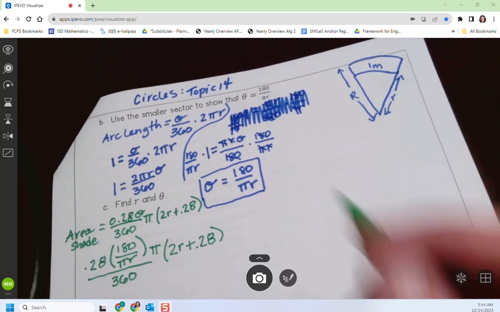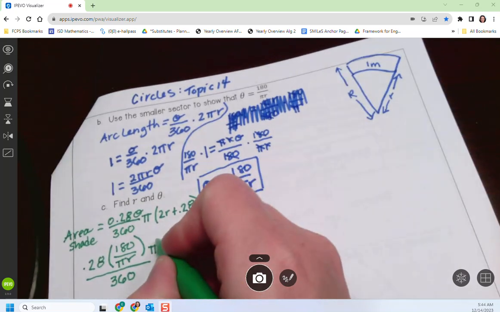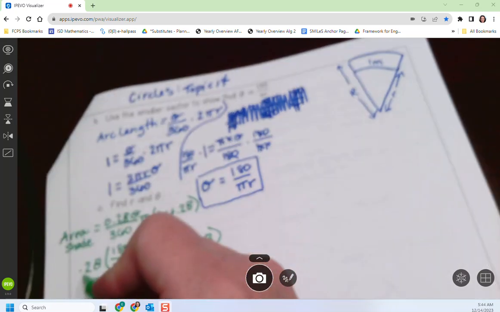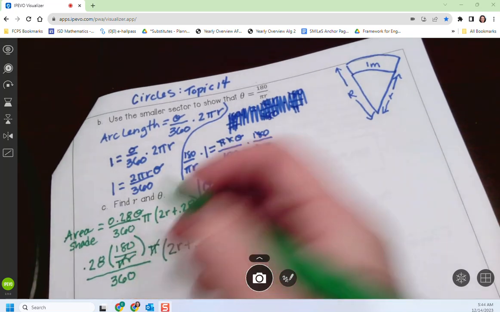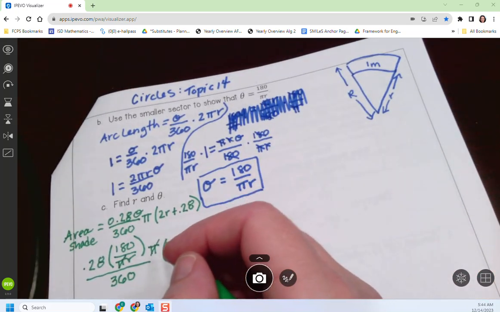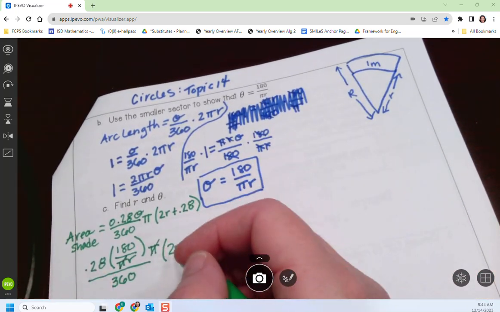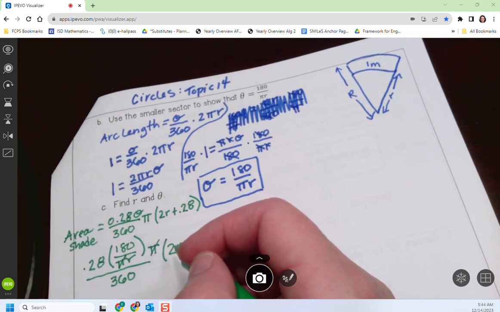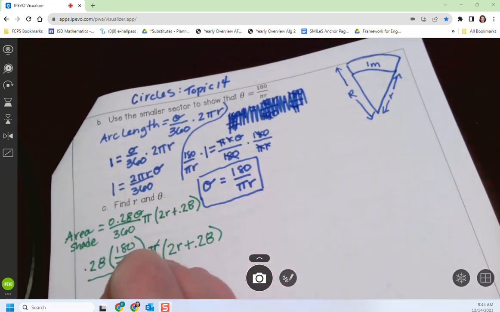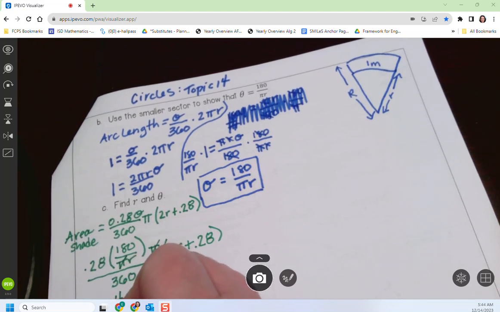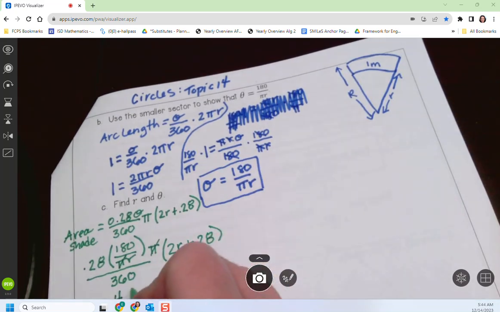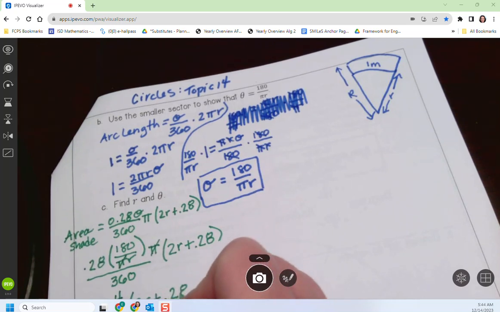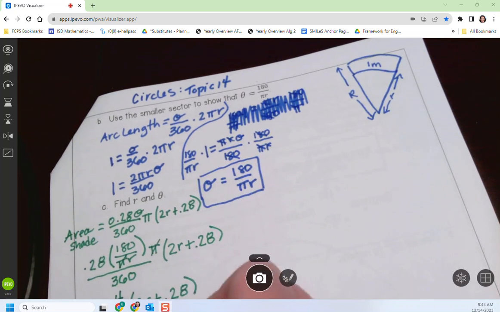So I can simplify it a little bit here. I'm dividing by pi and multiplying by pi, so those can cancel. And I can multiply 0.28 times 180, and it's 50.4, still over r. And this here, 2r plus 0.28, and then all over 360.